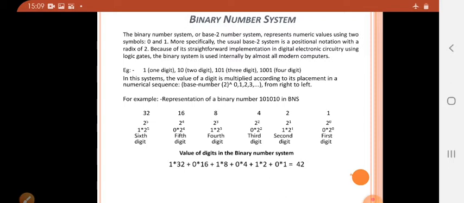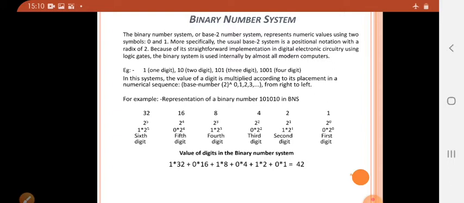On the other hand, it is very easy to design simple, accurate electronic circuits that operate with only two voltage levels. For this reason, almost every digital system uses the binary number system, base 2, as the basic number system of its operations, although other systems are often used in conjunction with binary.